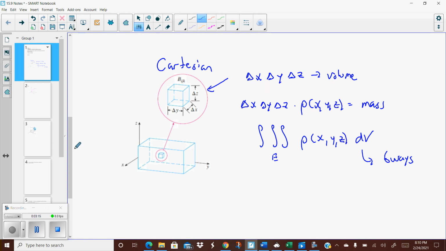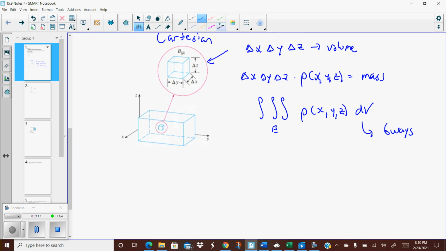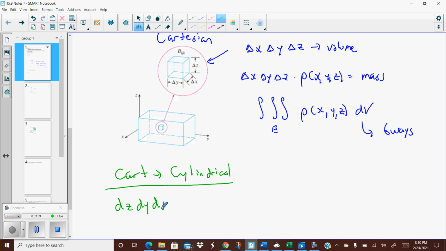All right, and then we learned, well, maybe there's other ways to do these things. So if we went from Cartesian to cylindrical, I'll spell it out. So basically, we would go from some dV, which we're going to call, in this case, dz, dy, dx, although it could be in any form.